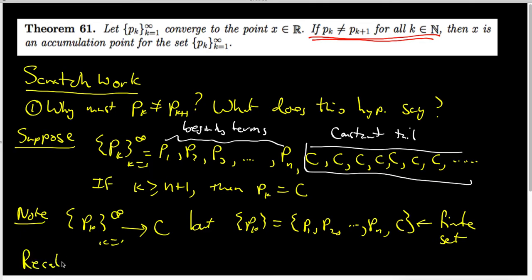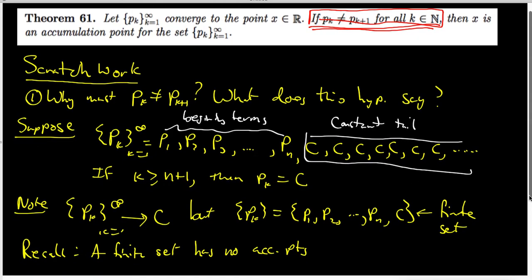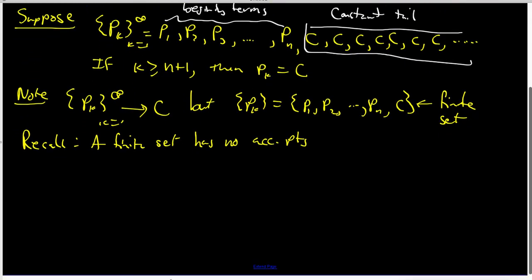So I want to recall that a finite set has no accumulation points. So this hypothesis that I'm boxing in red means that we are not going to be on a sequence with a constant tail, that is a finite set that has no accumulation points. And I want to state that very, very clearly.